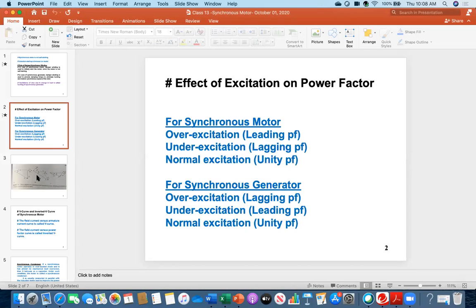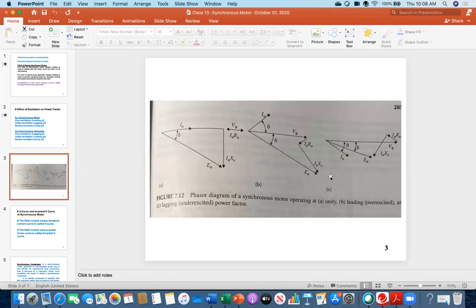So in the next slide, these are the things I was drawing. In the book, I think currently we are in chapter 7 of the book that I am following. This is figure number 7.12. This is the case of unity power factor, the last one I showed you. The middle one is the leading power factor case. This is the EA vector, and this is the terminal voltage.